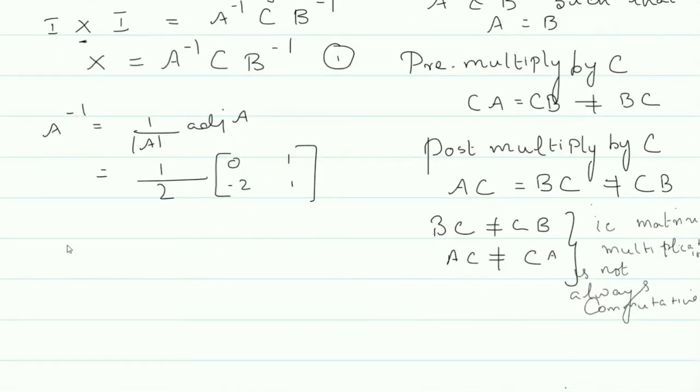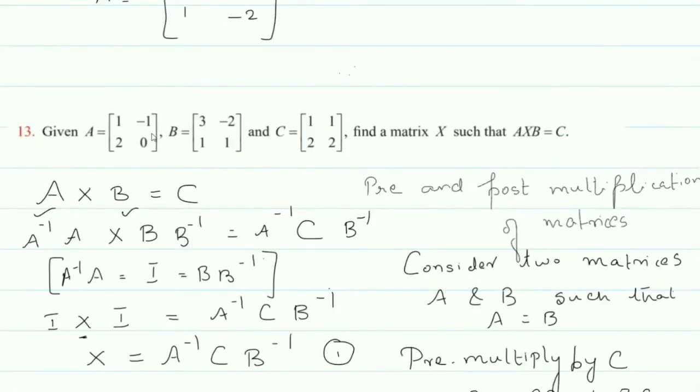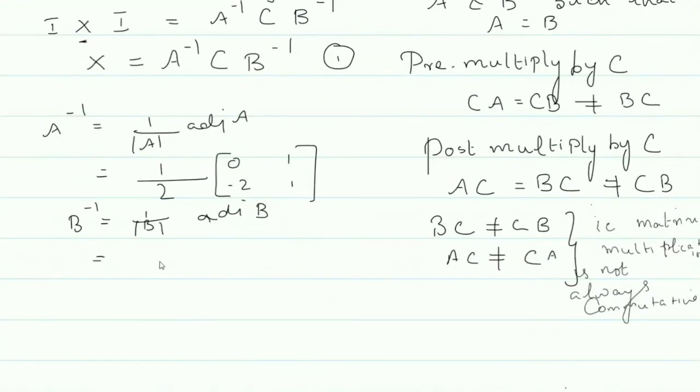Similarly, we have to find B inverse. What is B inverse? 1 by determinant of B into adjoint of B. Determinant of B is 3 minus of minus 2, that is plus 5.